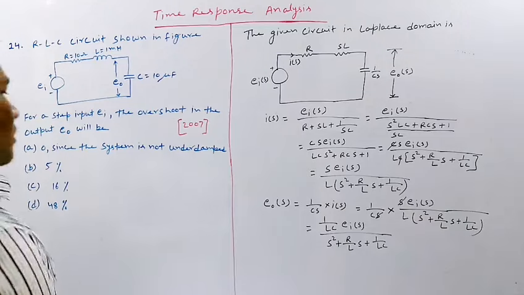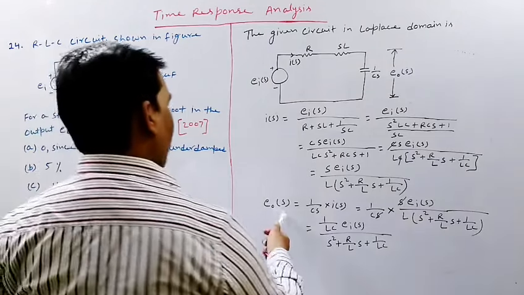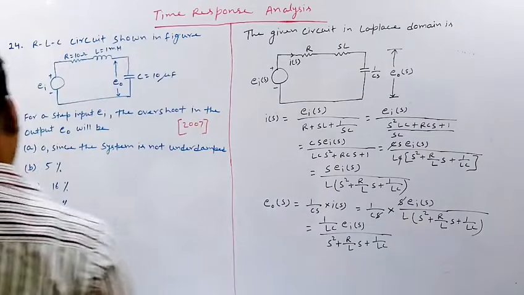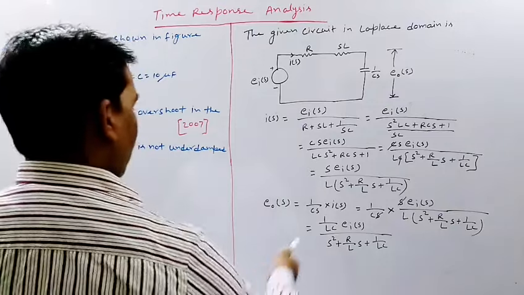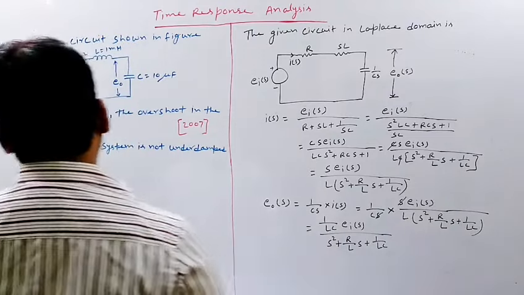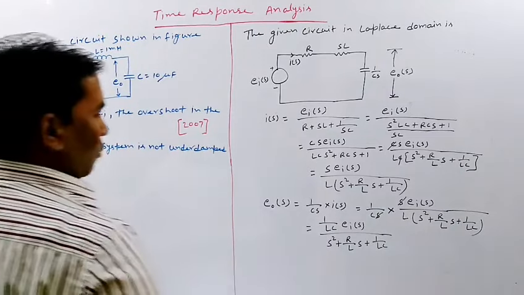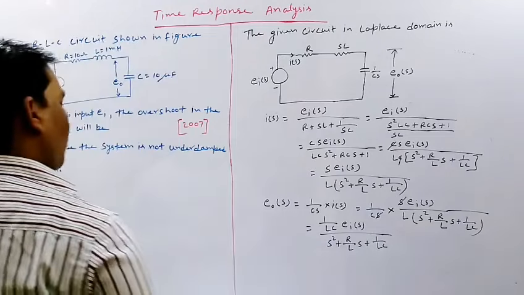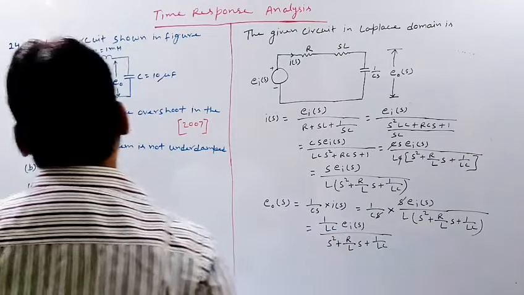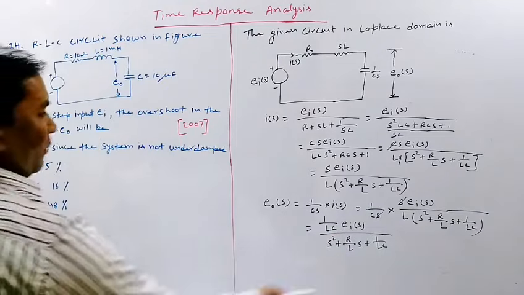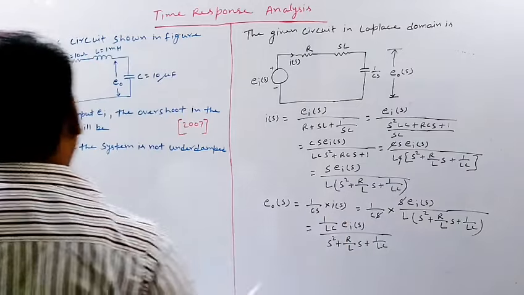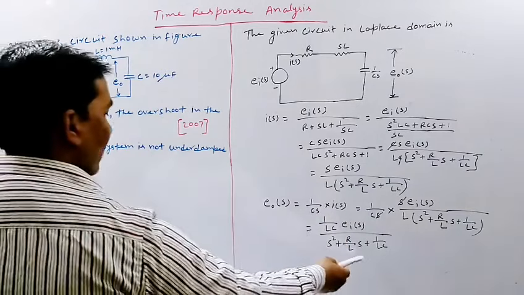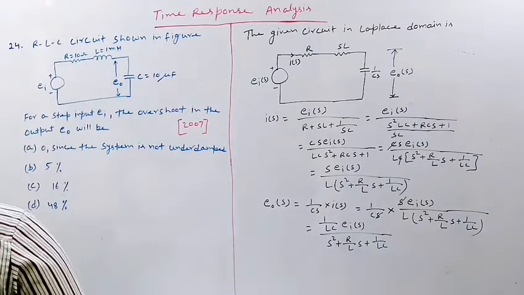Now we have got the value of E naught s. So the transfer function will be nothing but E naught s divided by EIS. If we put the value of EIS as 1 by s, and put the value of all the terms L, C, R, then how much will it be?